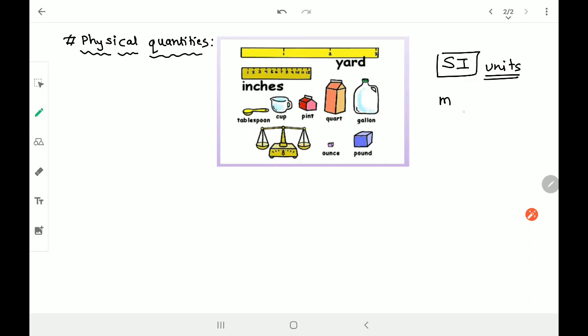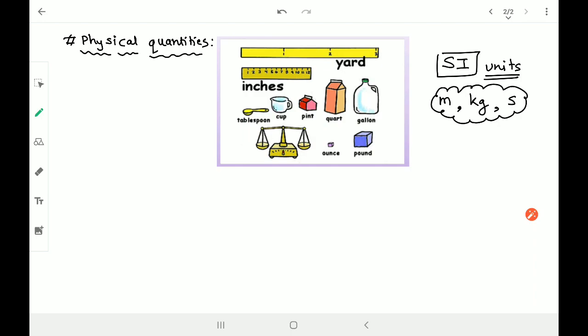For weight, kg is the SI unit, not gram. For time, second is the SI unit, not hour. So these are a few SI units that one should use when giving any typical quantity in physics. Okay, let's move ahead.